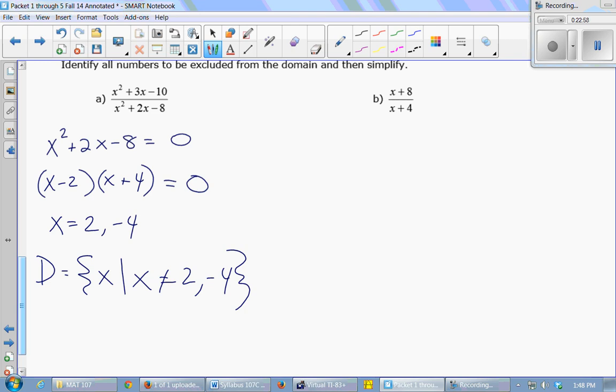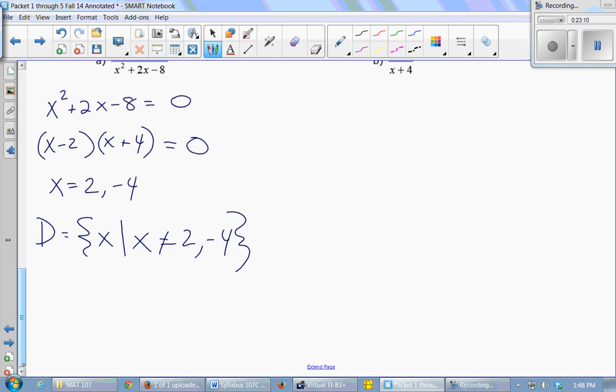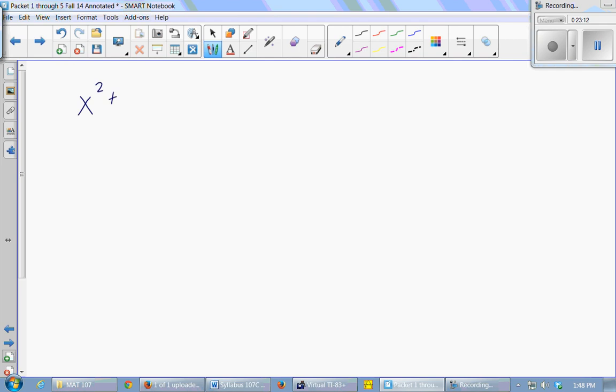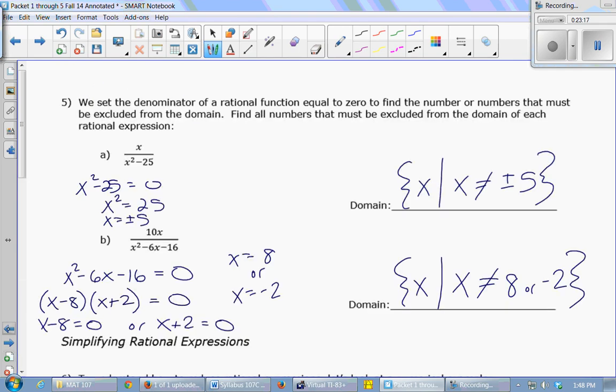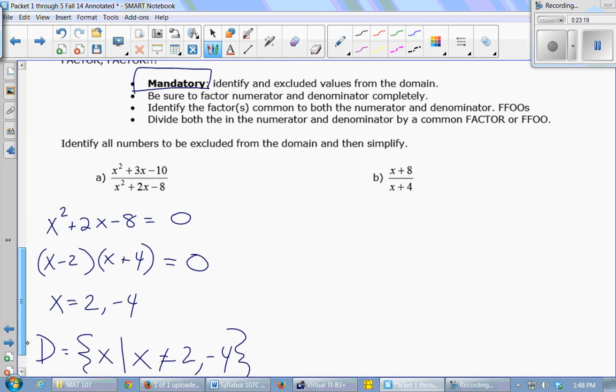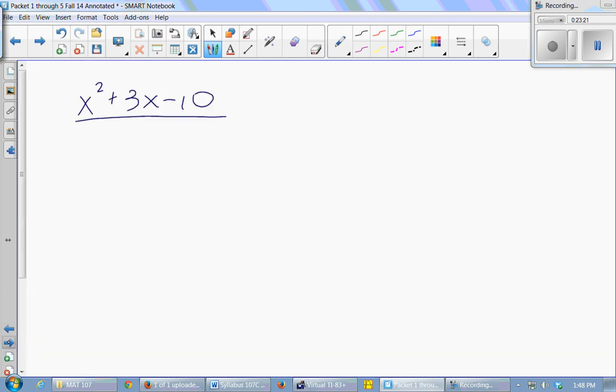All right, so to reduce this thing, to simplify it, to reduce it to lowest terms, factor everything and cancel as much as you can. So x squared plus 3x minus 10. Do this on a new page. Over x squared plus 2x minus 8.